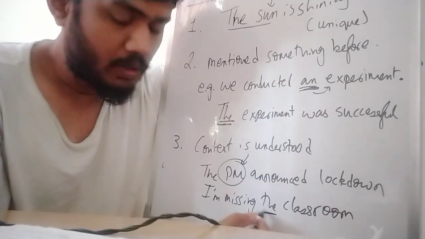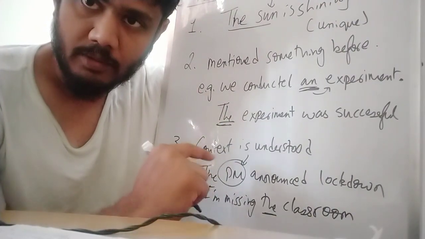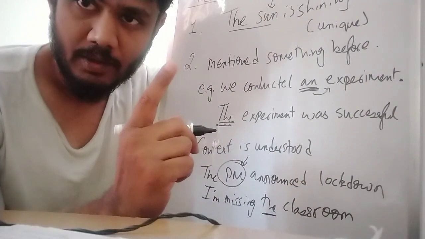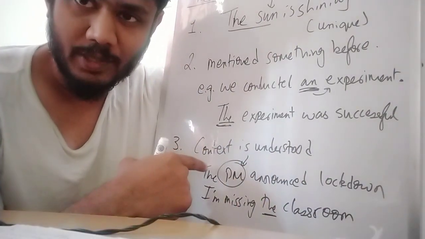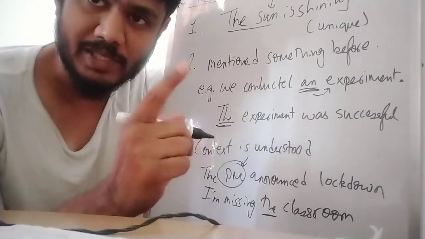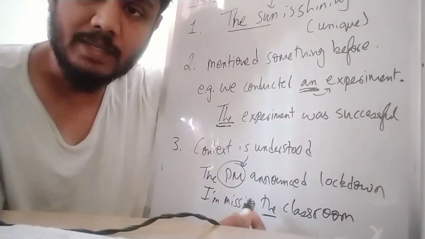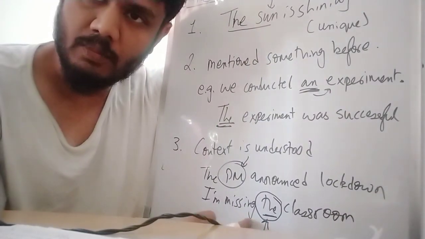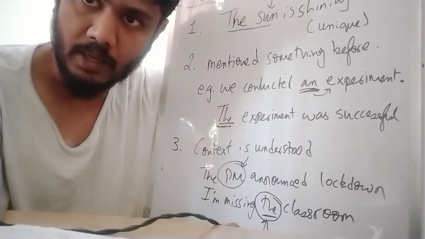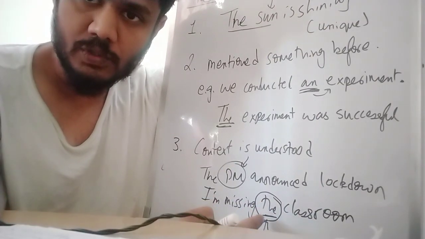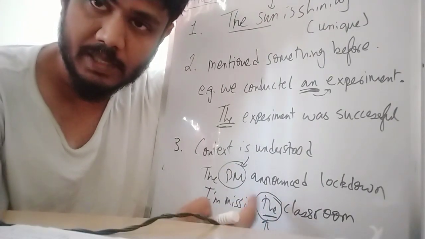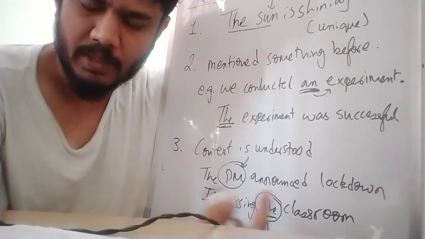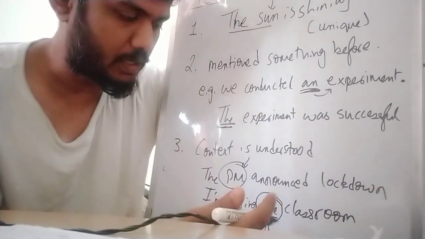But because I'm talking to you and you know we've met in only one classroom before, you know which classroom we're talking about. We're talking about the classroom where the HSL 800 classes happen, right? Because we know the context, we understand when I say I'm missing the classroom. Someone else who's watching these videos may not understand which classroom we're talking about, but they can assume that we're talking about one particular classroom, right?